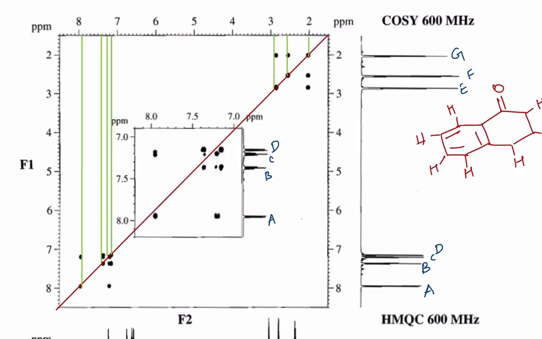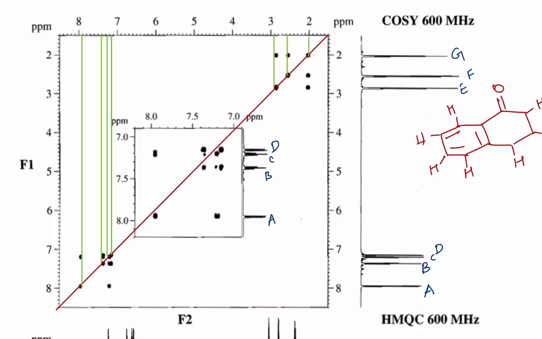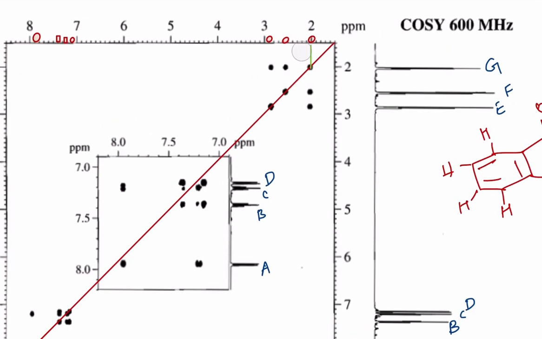And then what I'm going to do here is mark the points where these peaks, A, B, C, D, E, F, G, are going to show up on my x-axis. So let's do that. And once I do that, I can even erase these lines, I don't need them. Okay.